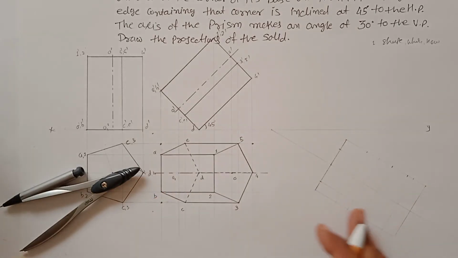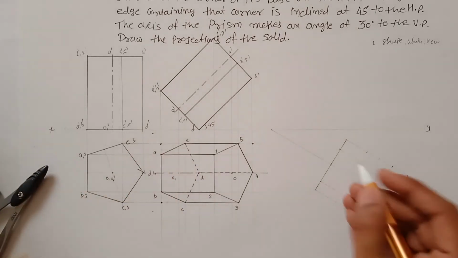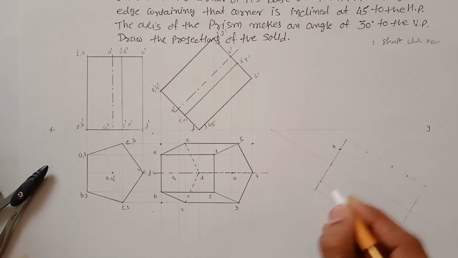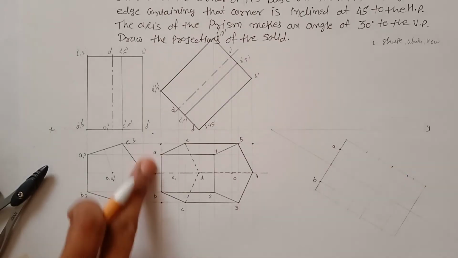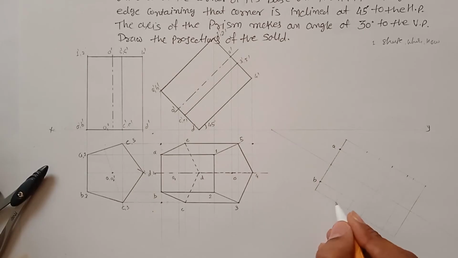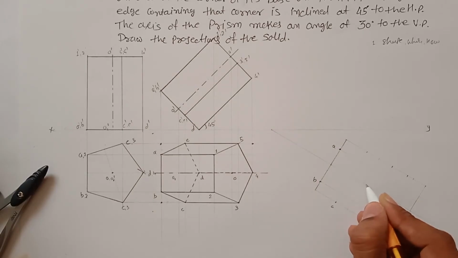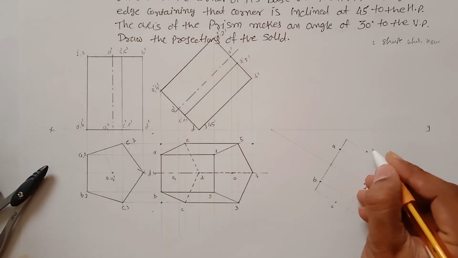Now find out the intersecting points, like first of all the A point. So this point is A, this is B, these points. This line is the C point, and this is D, this is the E point.